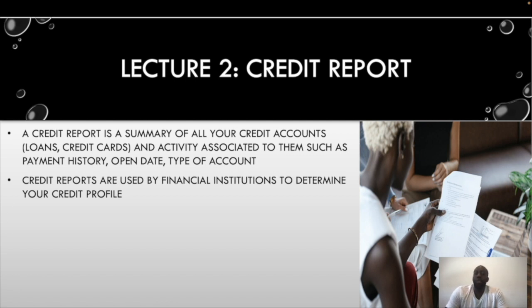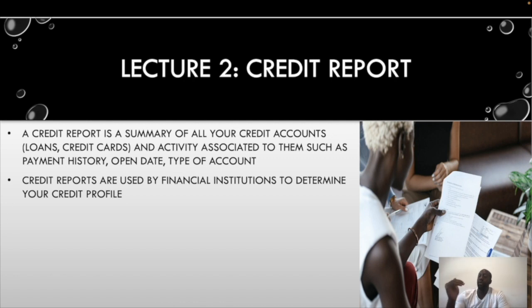And so credit reports are used by financial institutions to determine your credit profile. So for example, if you go to the bank and apply for a loan to buy a house, the bank is most likely going to pull a credit report and take a look at the summary of your credit history to determine your financial borrowing power.